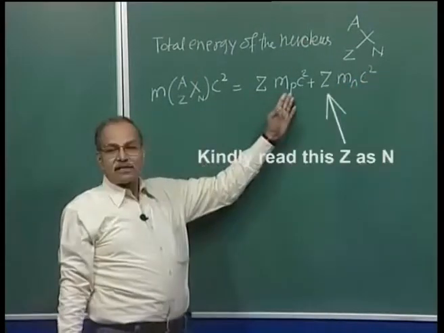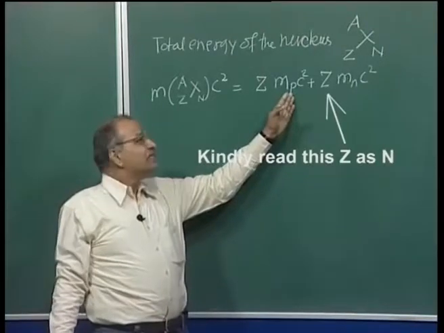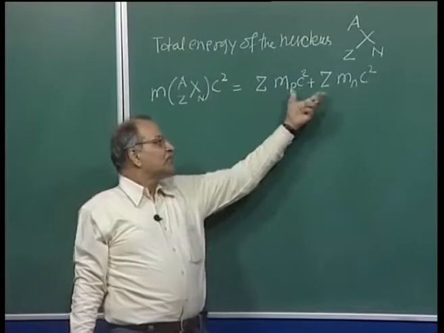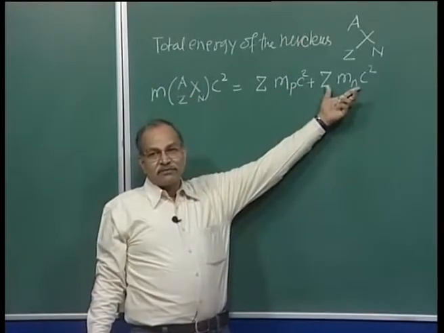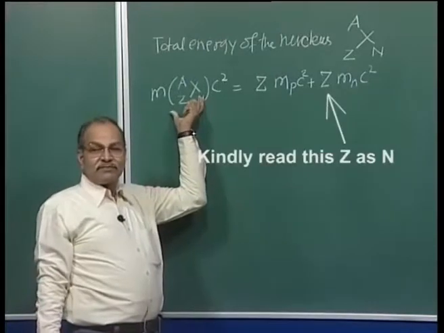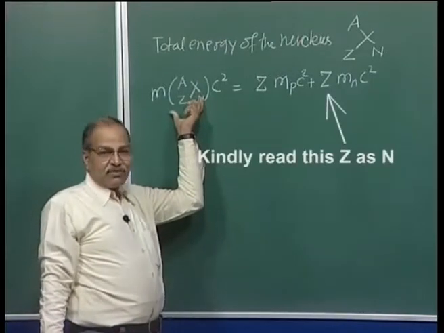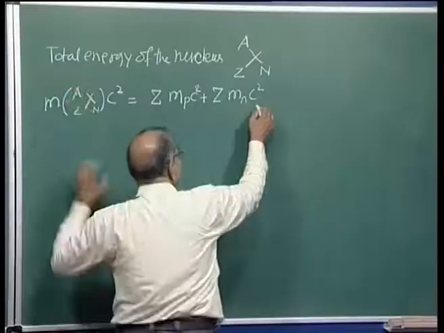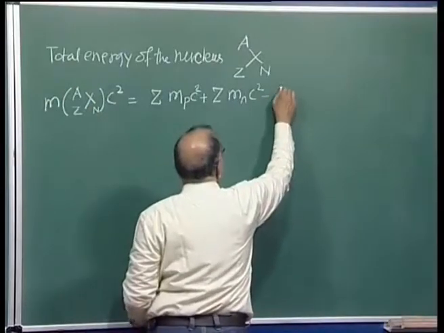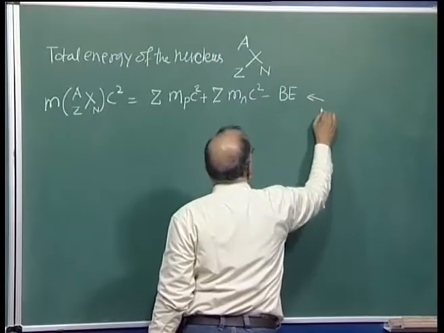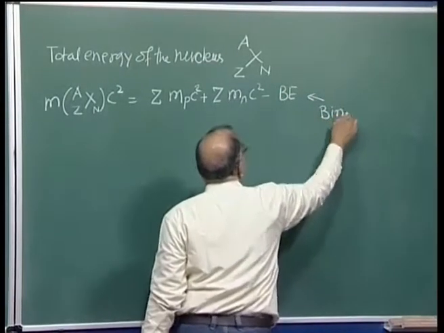If you think that there are Z protons and N neutrons, here is the mass energy, total energy of Z protons, and here is the total energy of neutrons, and then added together gives you the total energy of nucleus. That will be wrong, because it is a bound system, and in a bound system this total energy is less than that, and that difference is called binding energy.